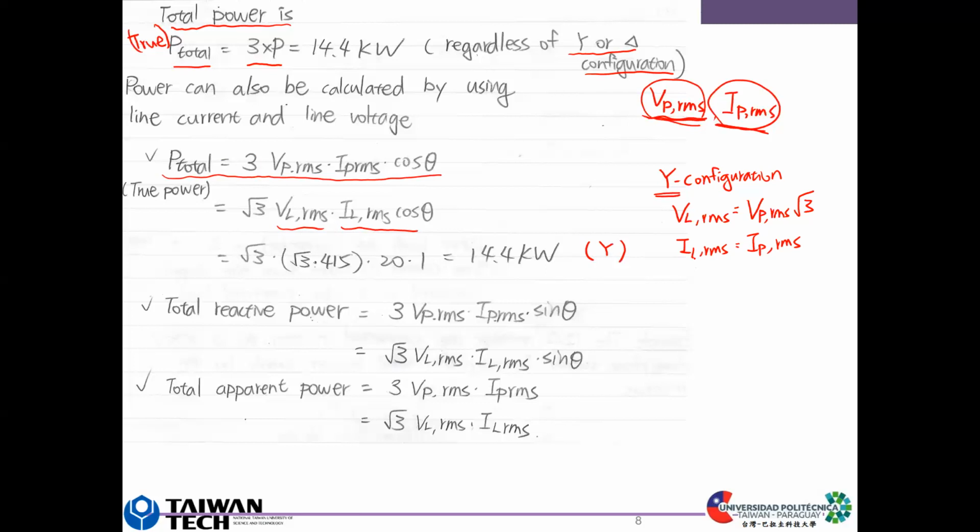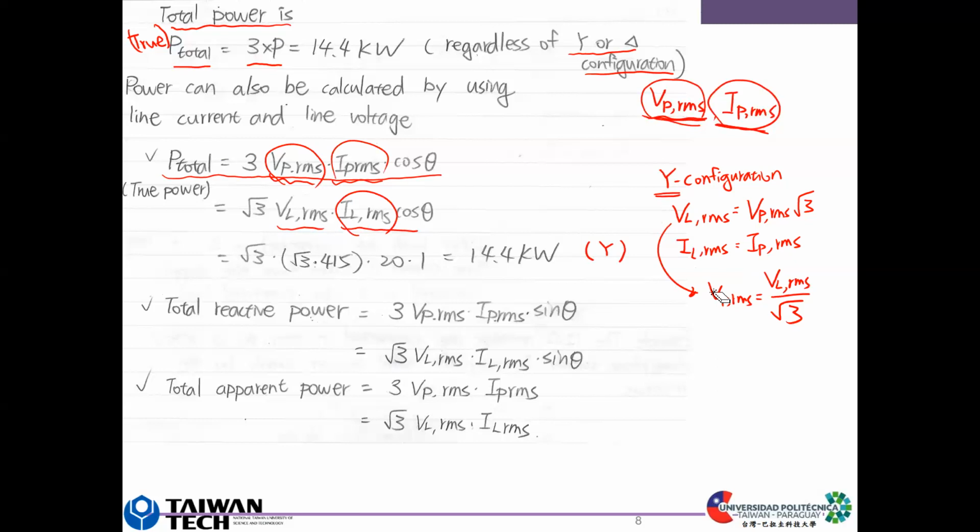So if it is a Y configuration and we want to convert this VP, IP to VL, IL, we have IP equals IL, and VP RMS equals VL RMS divided by square root of 3.